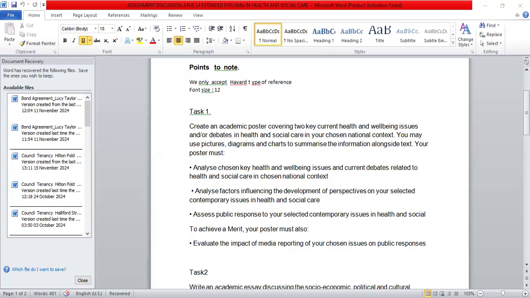Because in our previous assignments, they let us do the same tasks in the same Word document. Yes, it's one document, one Word document. The assignment should be one Word document. Obviously, the assignment has different tasks, isn't it?